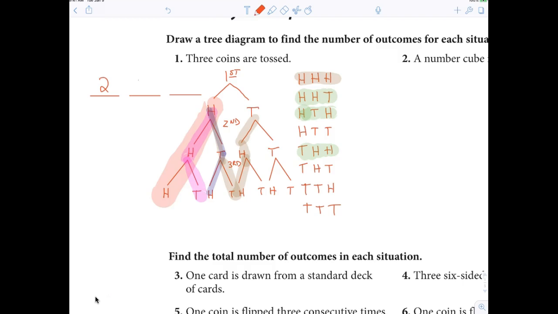Still 2. You flip it a third time, how many options do you get? 2. Now, what the fundamental counting principle says is if you want to figure out how many total different events there were, you just multiply them together. So what is 2 times 2 times 2? 8. That's how I knew there were 8 different possible outcomes.